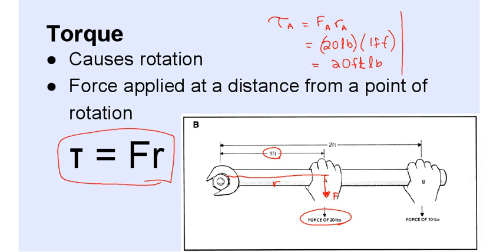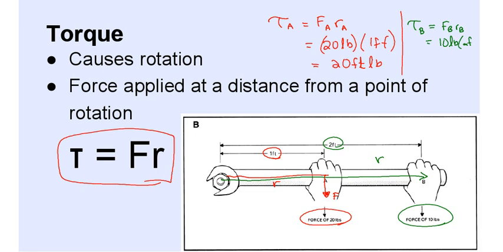If I do the same thing with B, from the point of rotation out here to B, my radius is 2 feet, but notice they've got 10 pounds of force out there, so the torque from force B there would be force B times distance B, and that would be in this case 10 pounds times 2 feet.